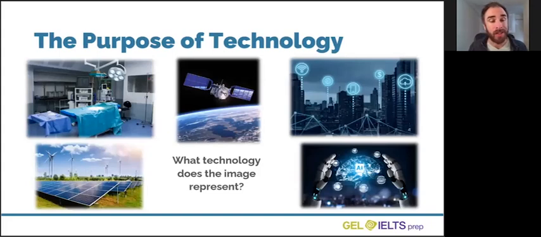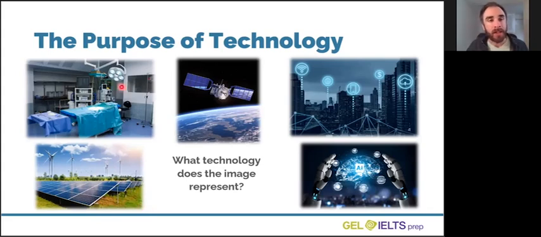Here, we can see 5 images that show different examples of technology. In this first image, we can see in the background there are some wind turbines, but closer to us, we can see solar panels. This is used to get solar energy. Both of these are examples of renewable energy.